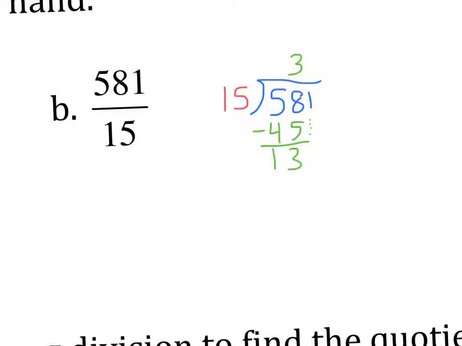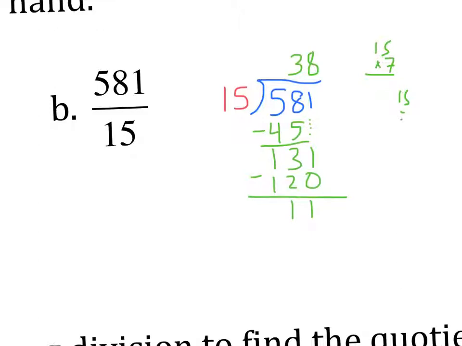Notice here, the 1 drops down. This one might take a few steps. Maybe you're over here doing 15 times 7, up 15 times 8, or whatever. In the end, we get 8 there. And 15 times 8 is 120. And when we subtract those, I get 11.